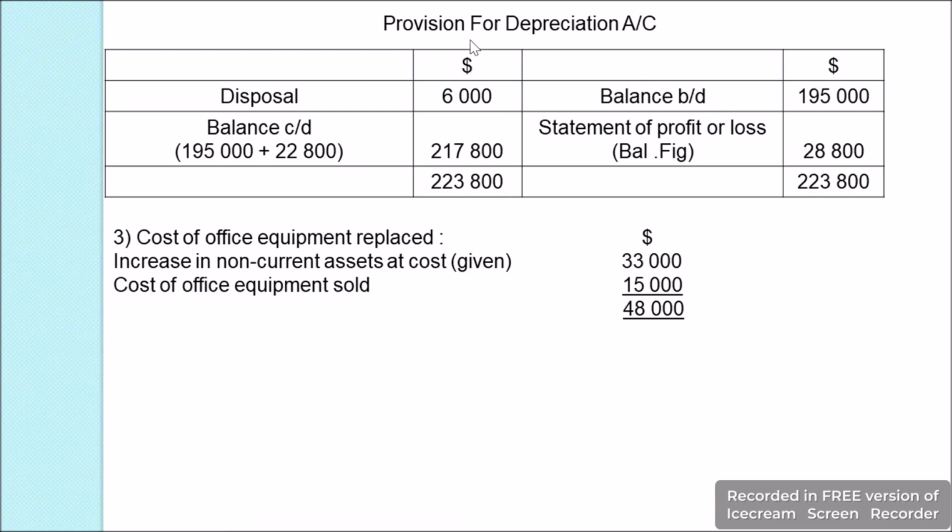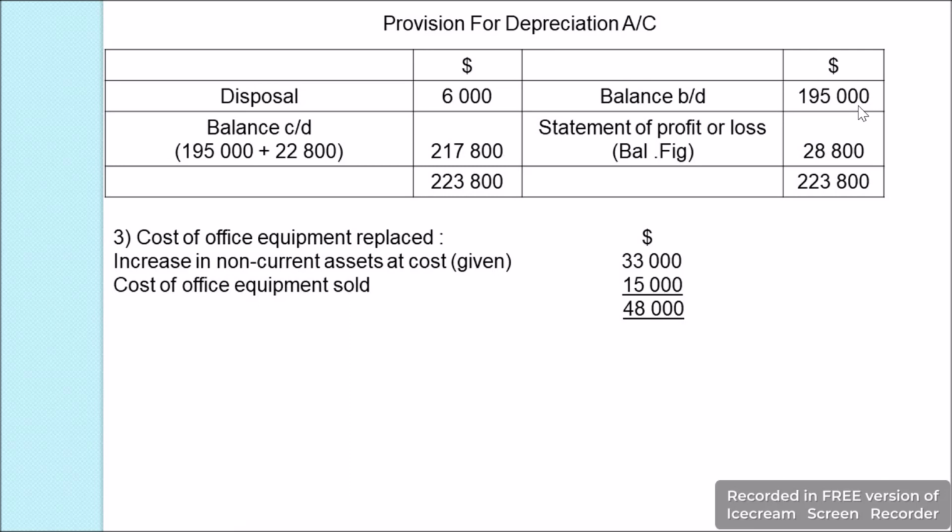So we'll calculate the depreciation for the year by making the provision for depreciation account. You see, provisions, liabilities and capital will have the opening balance on the credit side. So the opening balance, that is the balance on 1st January 2023, which was given in additional information, will be mentioned on the credit side as balance brought down $195,000. Out of this amount was subtracted because this equipment have been disposed.